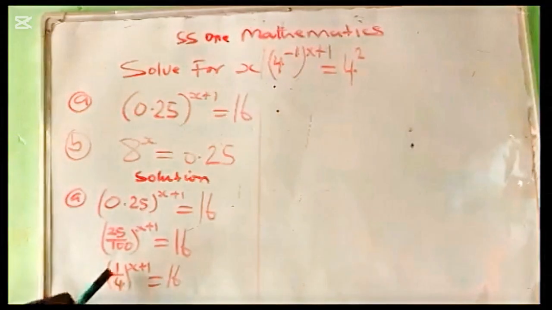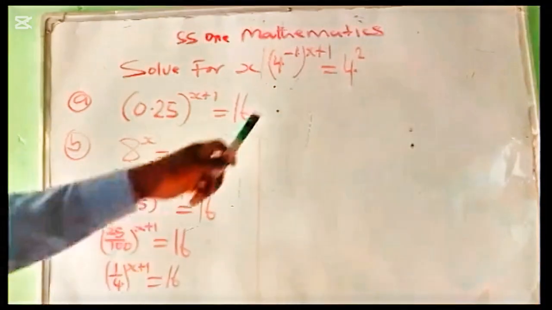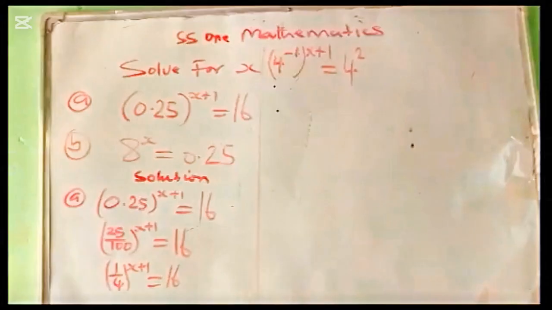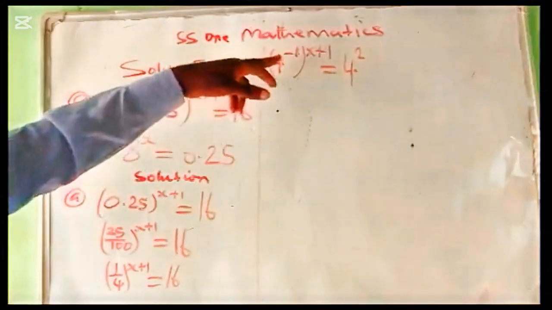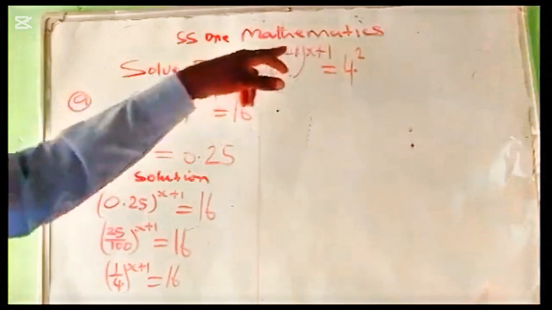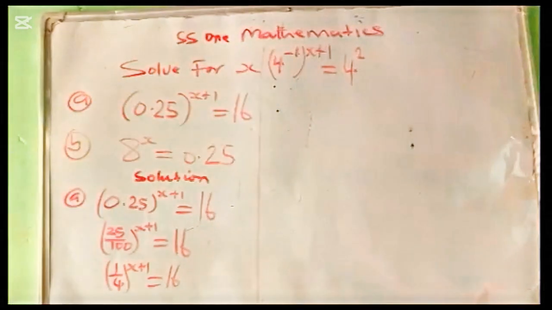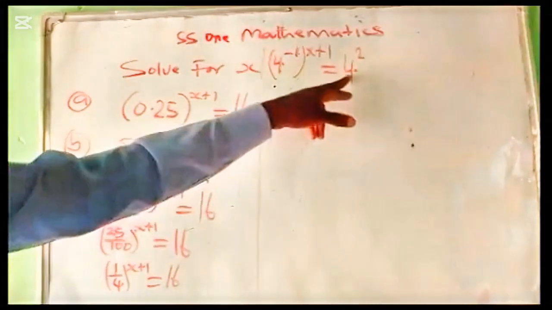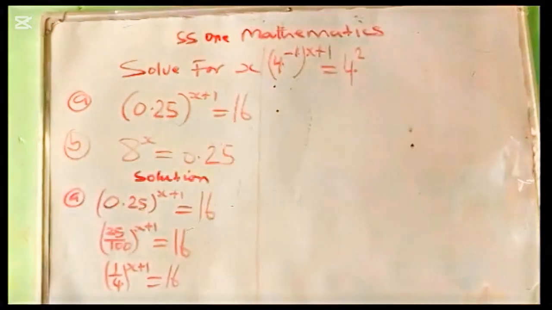They are the same. 1 over 4 is the same as 4 raised to power minus 1. Why did we do it? We do it to give us room to multiply with the power. And 16 has also been reduced to 4 raised to power 2. The reason is that without that we will not be able to solve this effectively.